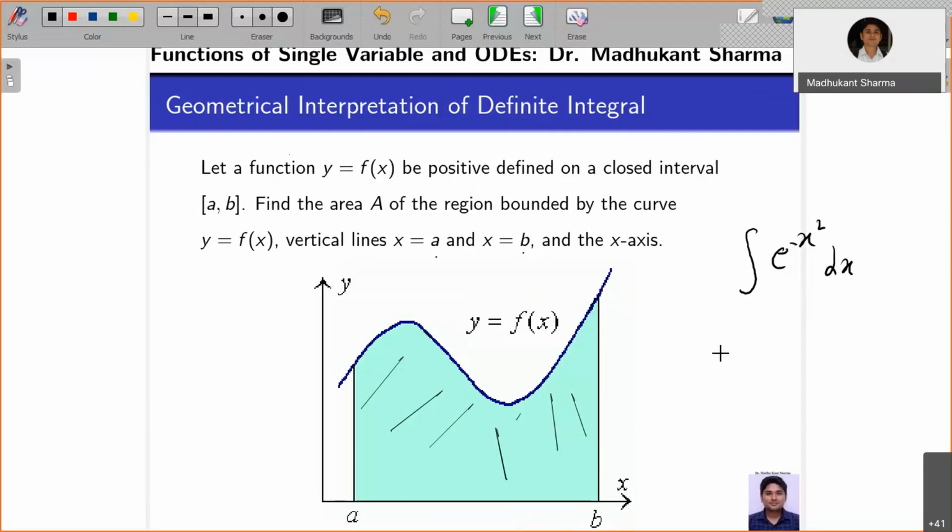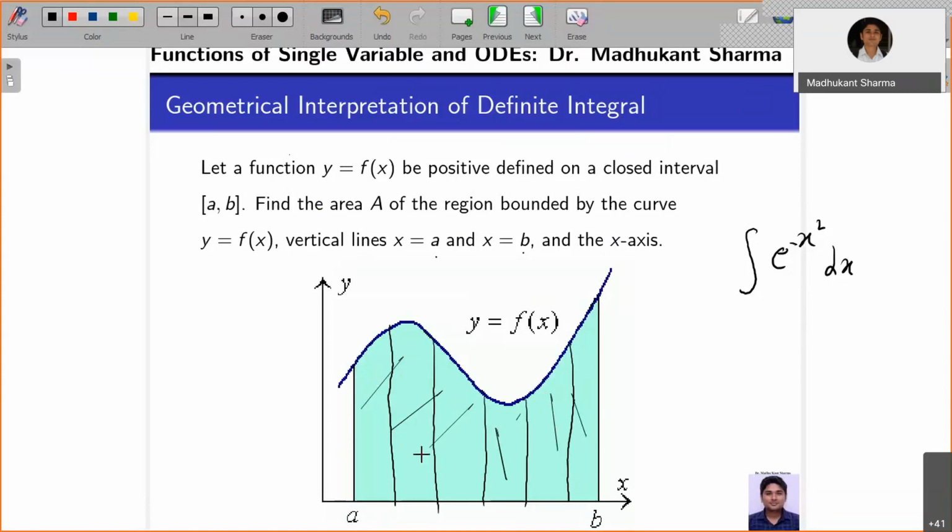The simplest way of approximating the area is to subdivide this area into a finite number of rectangles. Suppose you draw vertical lines, say 5 or 6 or 7 of them.